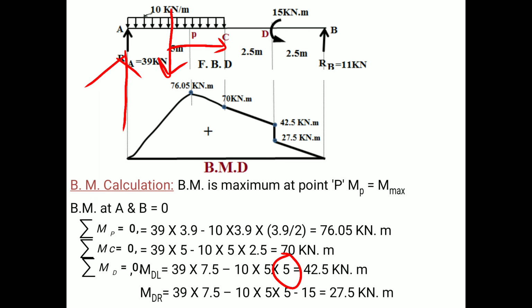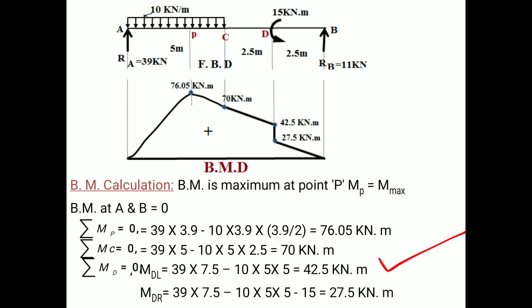In this manner we have converted the UDL into a point load acting at half of the span. Therefore we have moment at D, left of it, as 42.5 kilonewton meter.